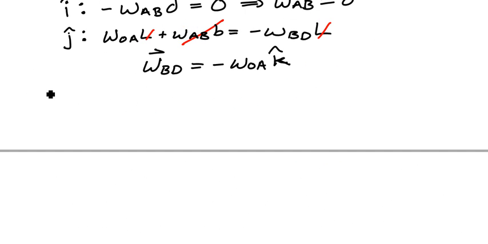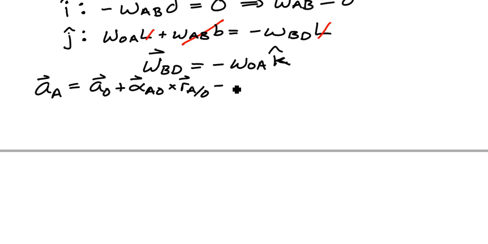I can say that the acceleration of point A is going to equal the acceleration of point O plus the angular acceleration of bar AO cross r of A with respect to O. And because this is a scalar problem, subtract off omega AO quantity squared times r of A with respect to O. If I do some substitution here, I know the acceleration of point O is going to be 0.